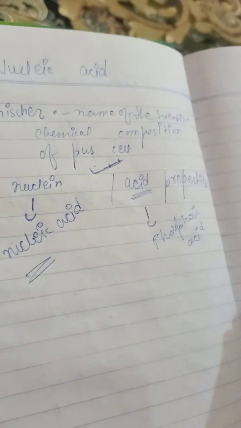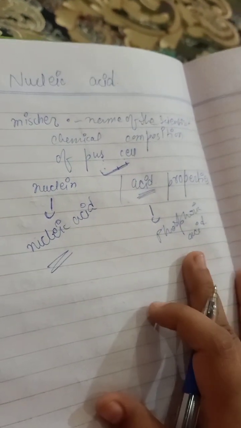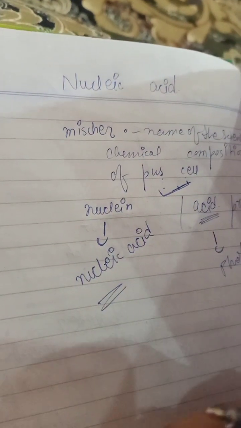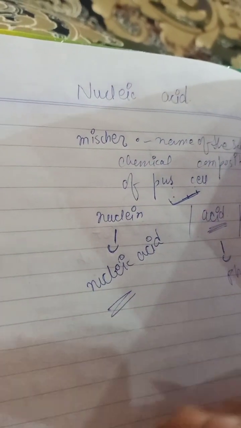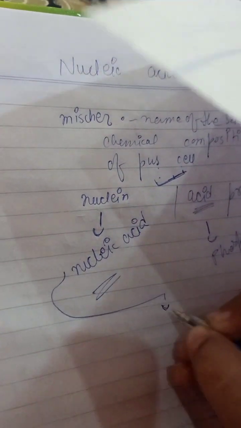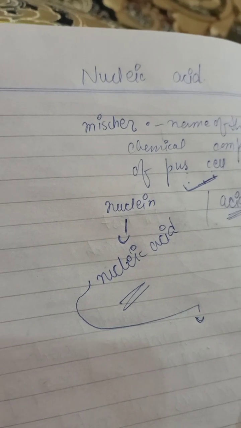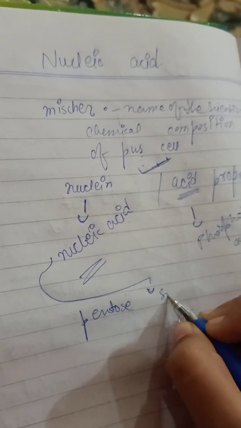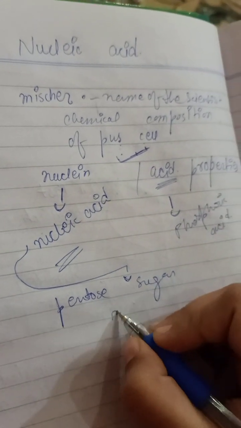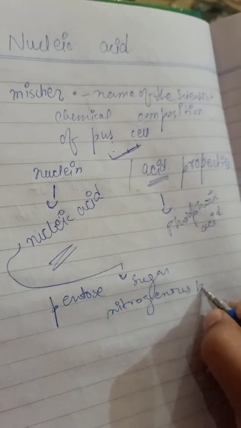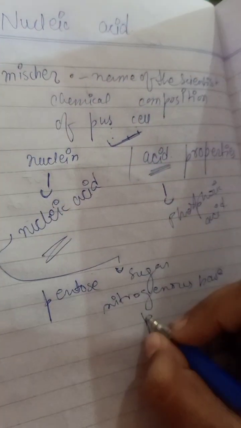Okay, now let's talk about the nucleic acid. So further he investigated the chemical nature of the nucleic acid. He observed that the nucleic acid basically consists of the pentose sugar, nitrogenous base, and phosphoric acid.